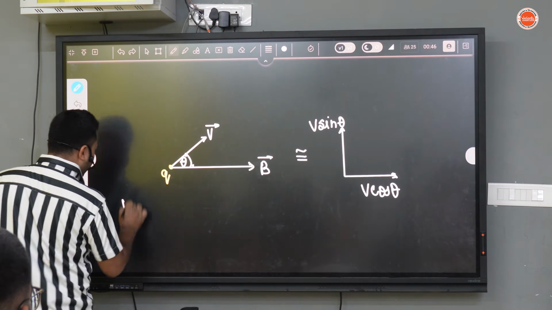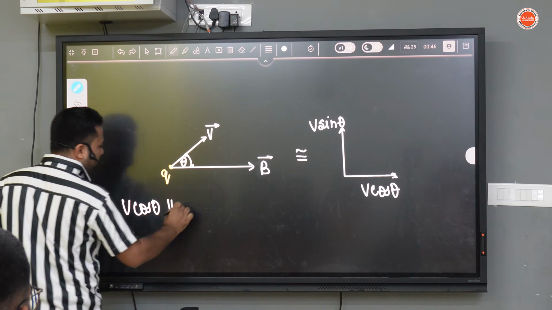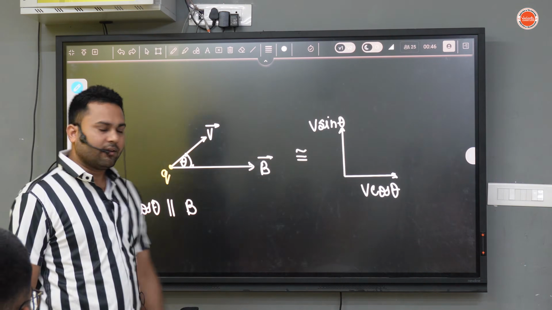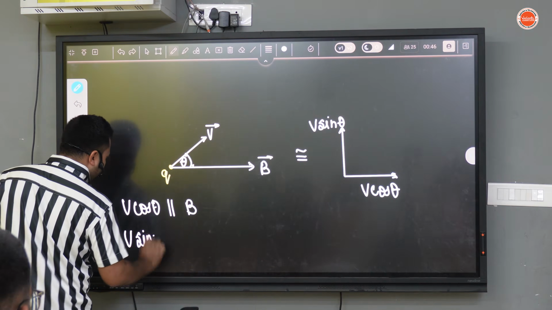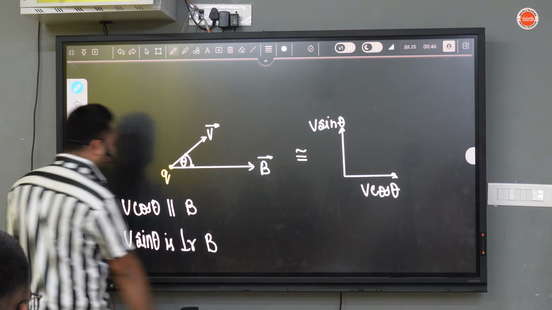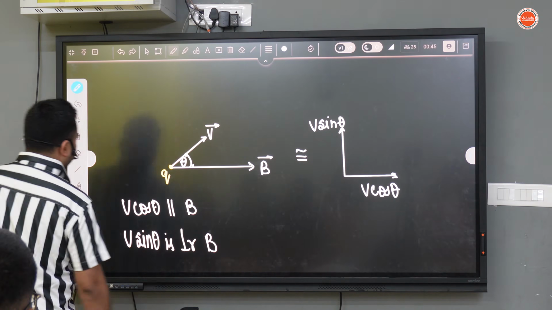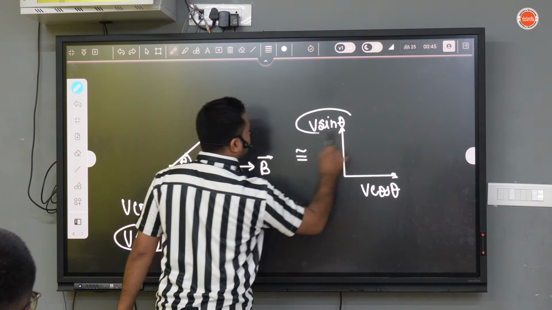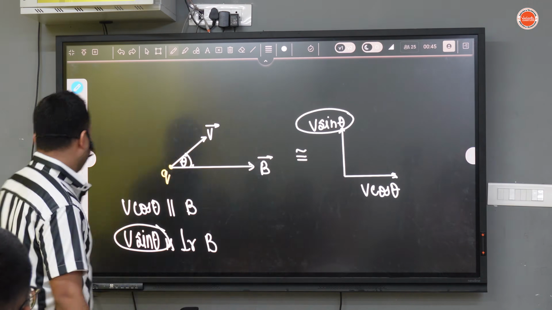V cos theta is parallel to magnetic field. And v sin theta is perpendicular to magnetic field. Correct? Means due to this component v sin theta, the particle will execute what? Circular motion. See here.